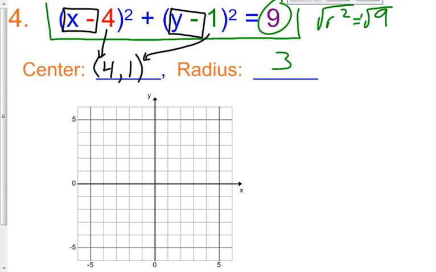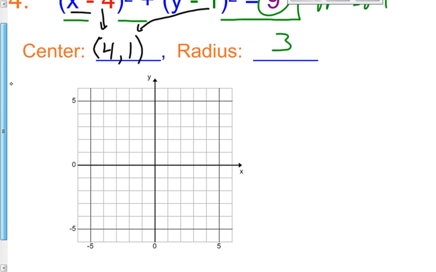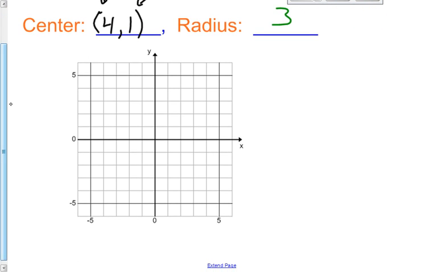If you want to think of it, class, as always taking the opposite, I have no problem with that mentality. If you see x minus 4, you take the positive 4. If you see y minus 1, you take the opposite and take the positive 1. I have no problem if that is your rationale for finding the center of a circle.